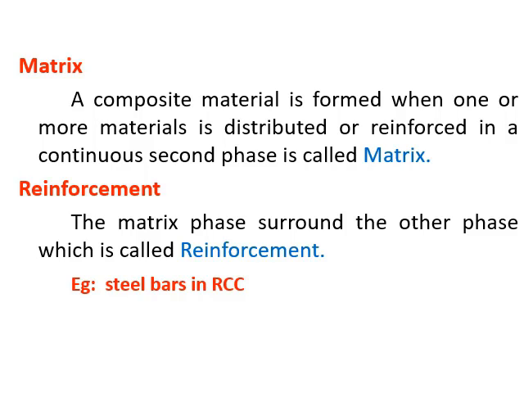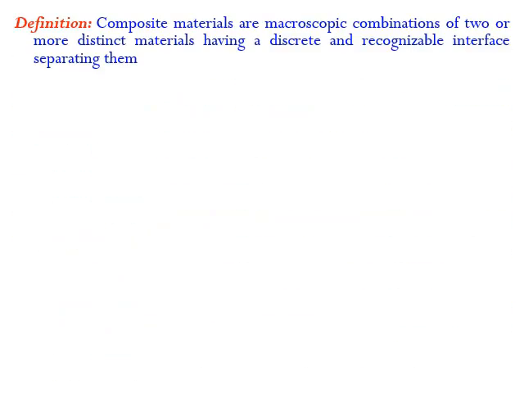One very important thing to be remembered: whenever we hear the word composite, these two words should come to your mind. One is a matrix and one is a reinforcement, which are macroscopic in manner. And there is an interface, or you can say a boundary, which separates the matrix material from the reinforcement.